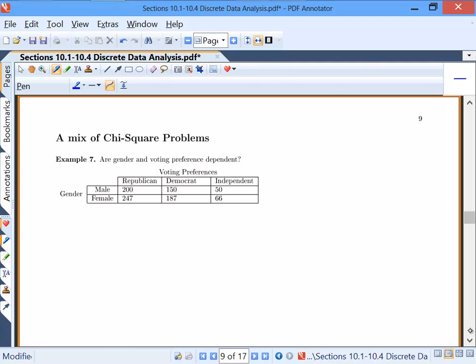Okay, so are gender and voting preferences dependent? Which test do I want to use here? Is it goodness of fit or test of independence? So this is a chi-square test of independence.